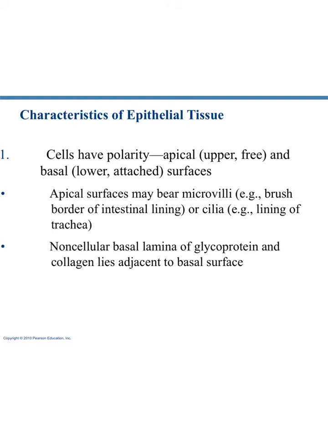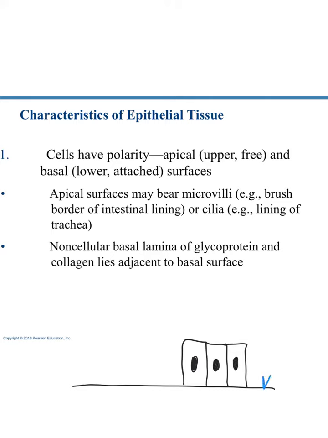And I know y'all talked about this in lab. So if you remember, you have the basal surface, you have your epithelial cell. The fact that they have polarity means that one surface is going to be firmly attached, and of course you're going to have connective tissue underneath that surface.